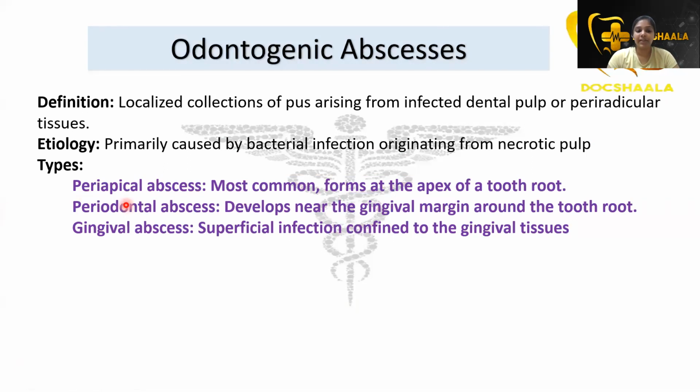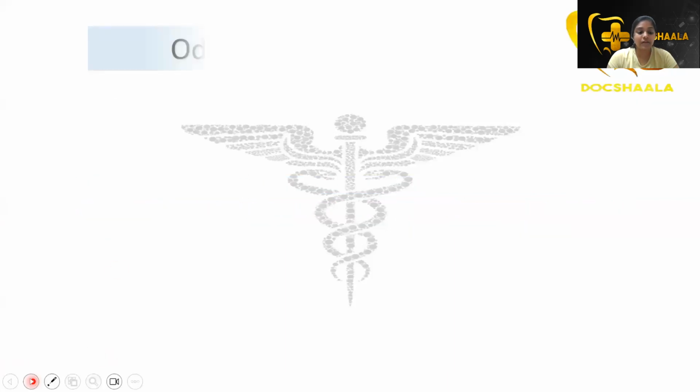The types include periapical abscess, which we have seen already, then periodontal abscess, which develops near the gingival margin of the tooth root, and gingival abscess, which is a superficial infection confined to the gingival tissues. Since we have seen the periapical abscess already, we will go with periodontal abscess and gingival abscess now.